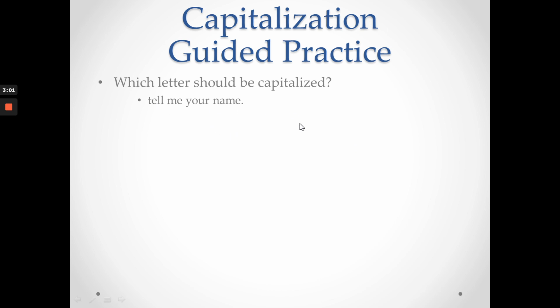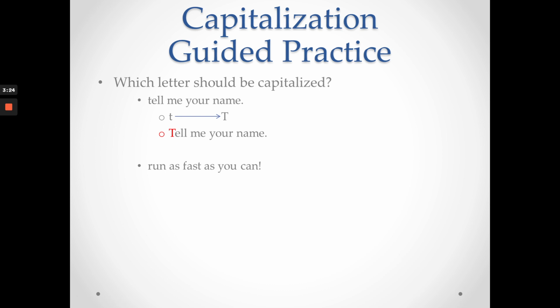What letter should be capitalized in this sentence? The letter T. So now, when we write the sentence in a grammatically correct way, it will look like this, with our capital T at the beginning of the sentence.